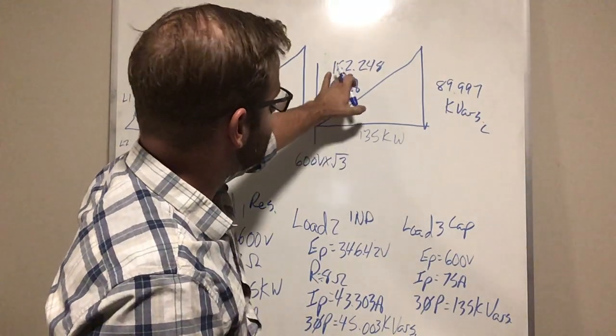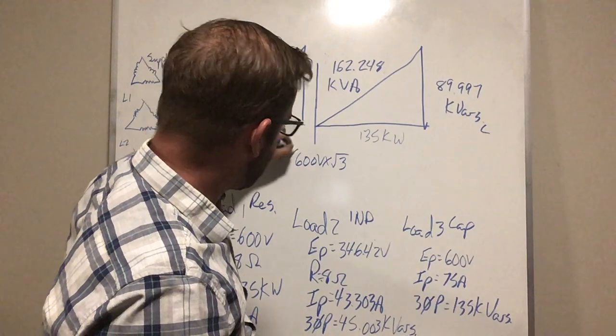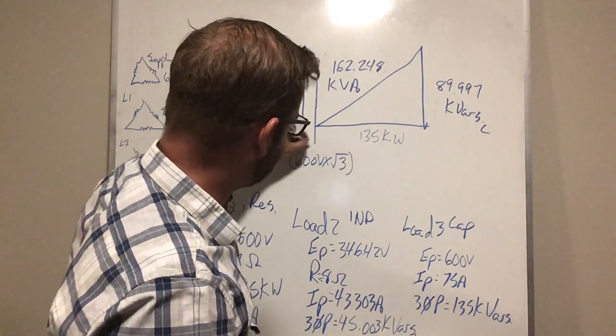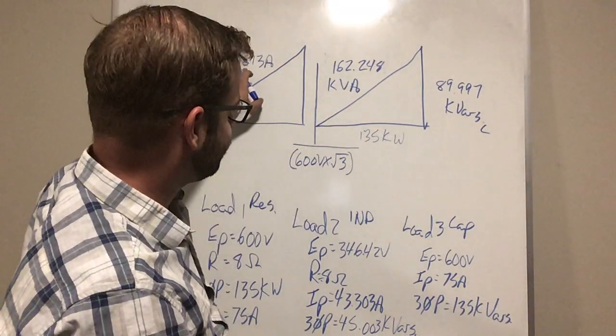So I took 162.248 divided by this. So that over that gave me that.